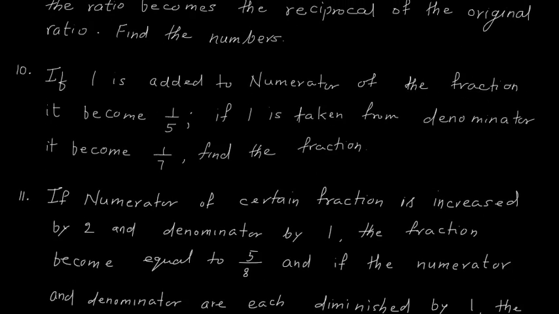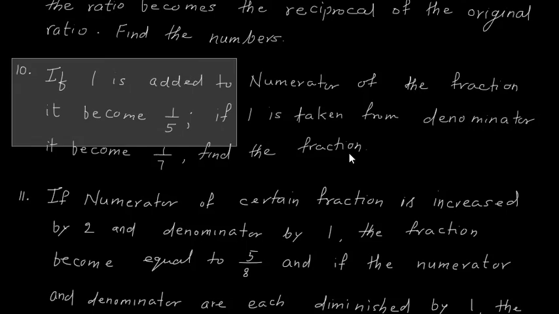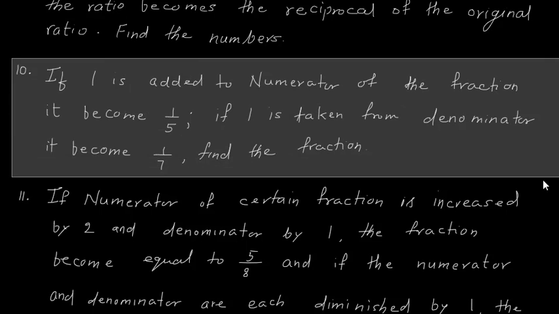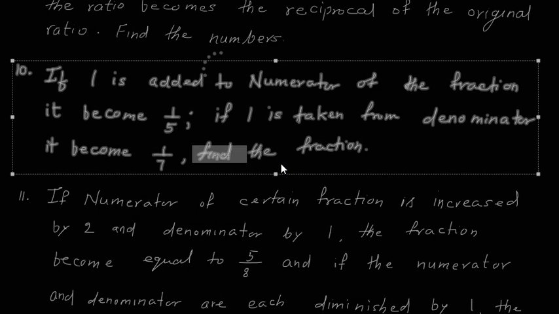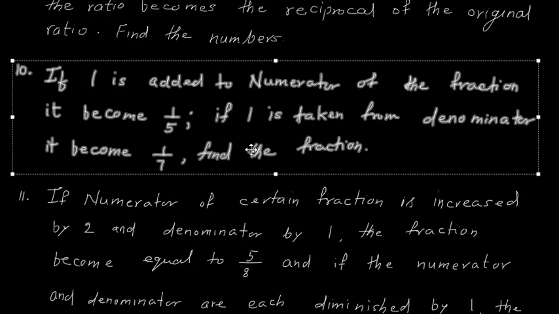If 1 is added to the numerator of the fraction, it becomes 1 by 5. Okay, it becomes 1 by 5.